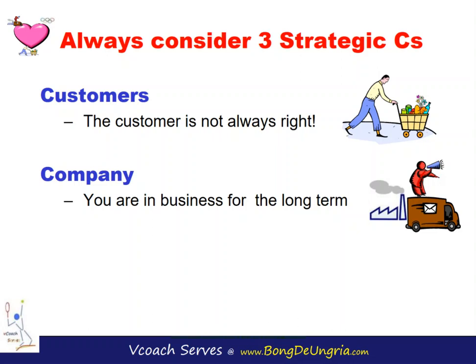And if it closes, then it will fail to serve its customer. And that ain't right. So the company should always consider decisions that will allow it to be in business for the long term.